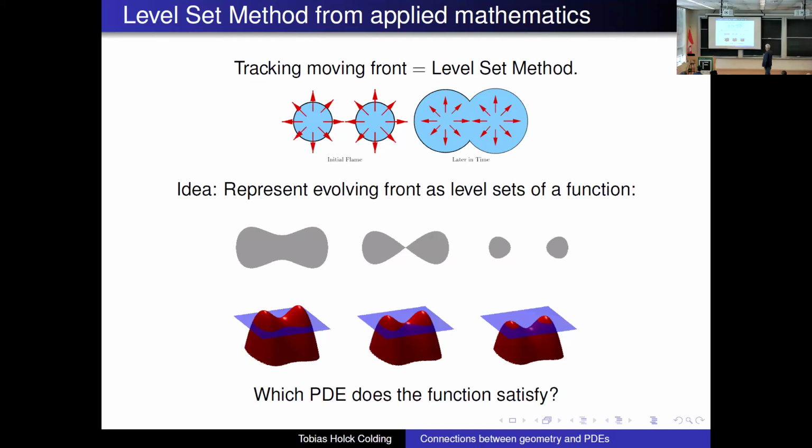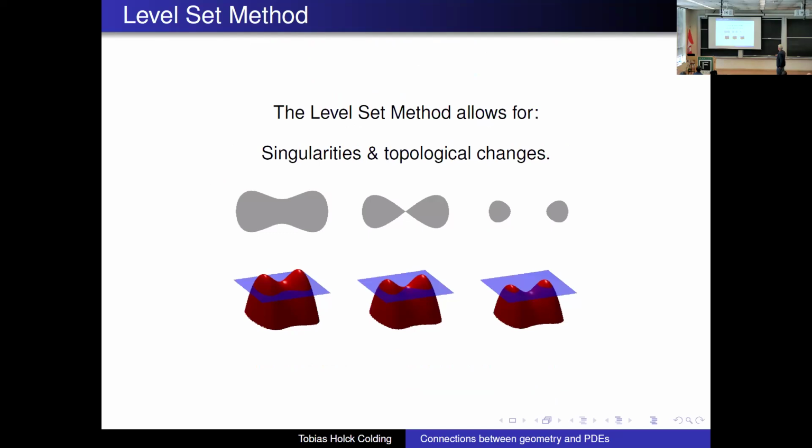And one of the advantages of the level set method is that it allows singularities and it allows topological changes.